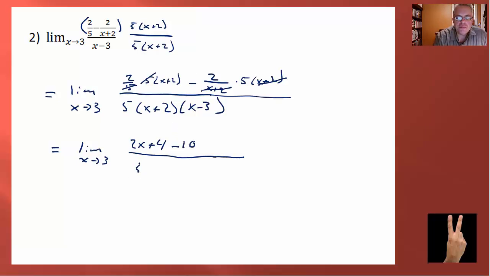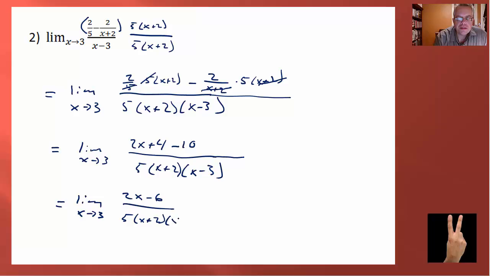And then over the same denominator, 5 times x plus 2 times x minus 3. It's getting somewhere, all right? So this is the limit as x approaches 3. We have 2x minus 6 over 5 times x plus 2 times x minus 3.